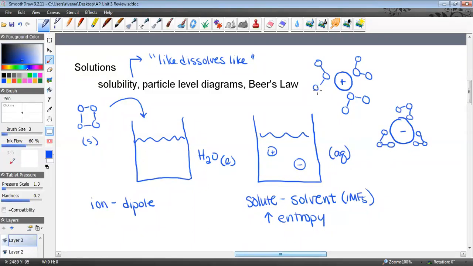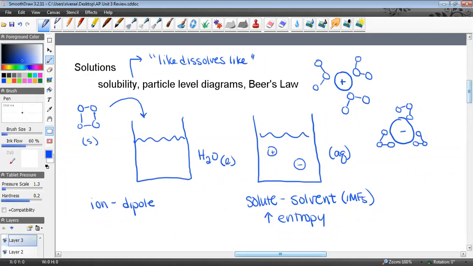So make sure you guys can draw appropriate particle level diagrams for the solubility of both ionic compounds and covalent compounds. You can have covalent compounds dissolved in water, they just don't separate like this. The whole molecule will get surrounded.